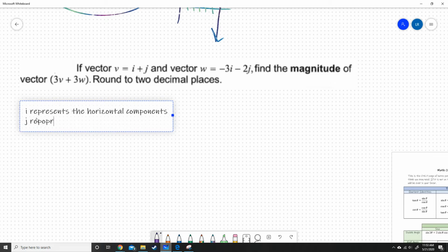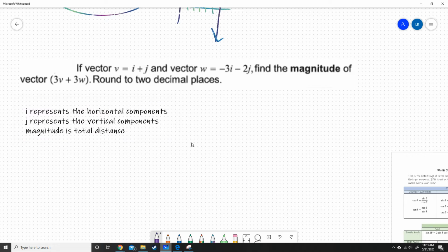And J represents the vertical components. And magnitude is total distance. Hopefully that'll help us out here in just a second.